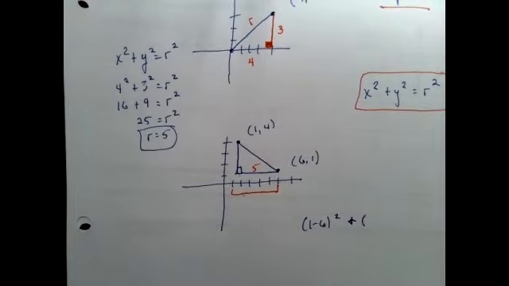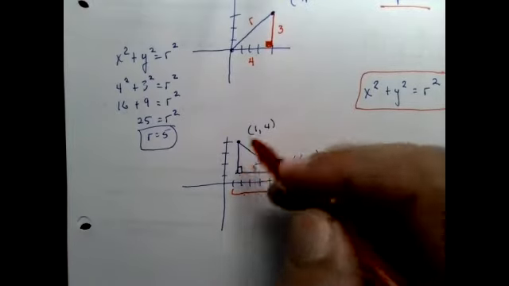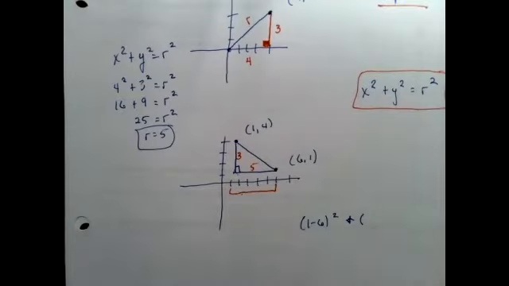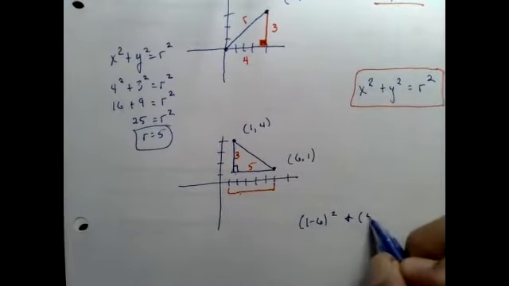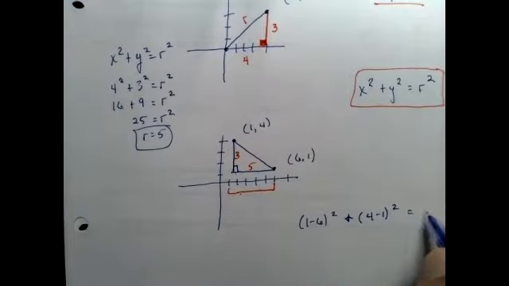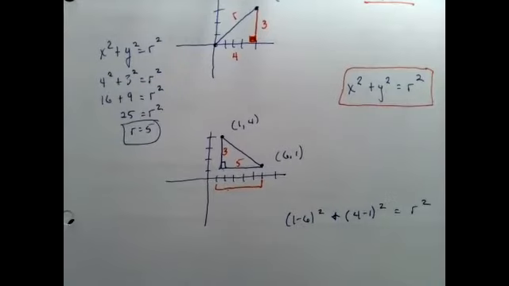And then for my y's, I went from 1 up to 4. So that guy was 3. And I kind of got that by doing 4 minus 1. So this was 5, this was 3.